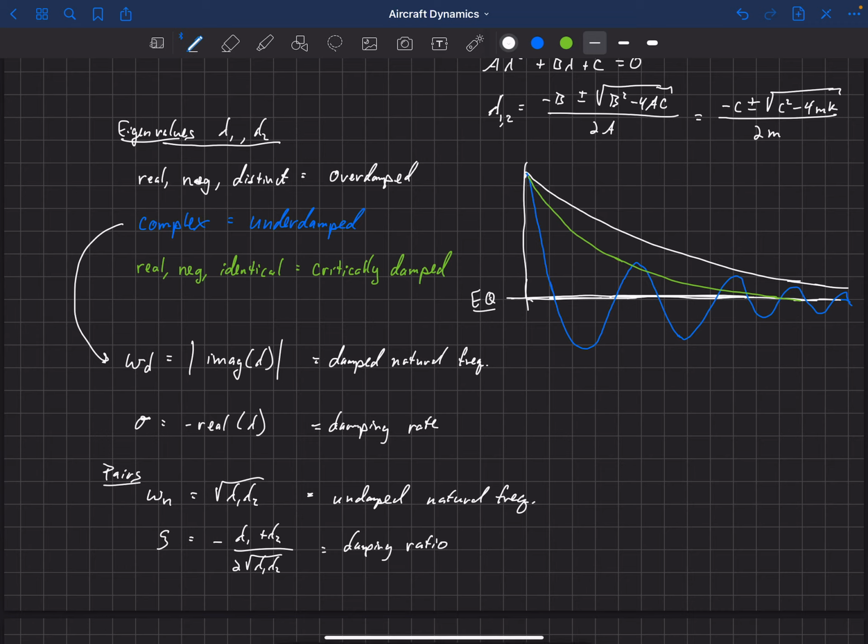So if the damping ratio is greater than 1, then this will be an overdamped system. If it's equal to 1, then it's critically damped. And if it's less than 1, then it's underdamped.